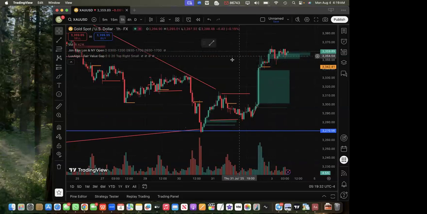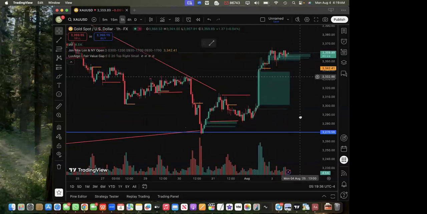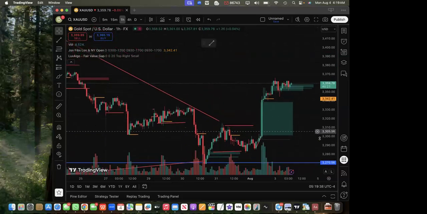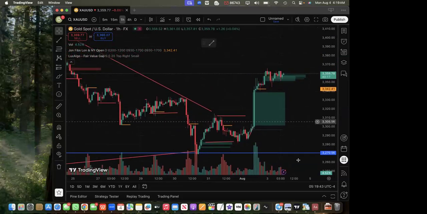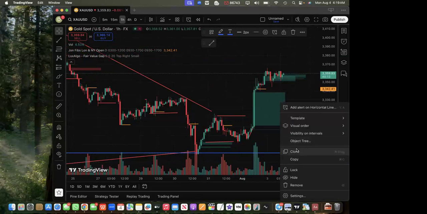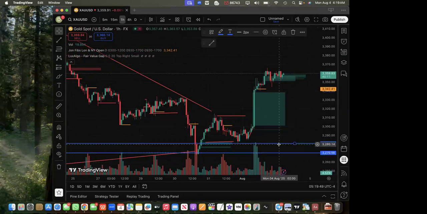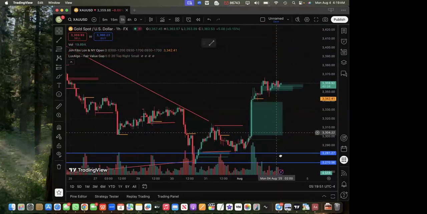So now that we're ready to take our trade, this is where we're going to confirm our analysis. Let me move. Okay, my line has completely shifted, so I'm just going to clone this one right here. Let me clone this. Then I'm going to move it up.